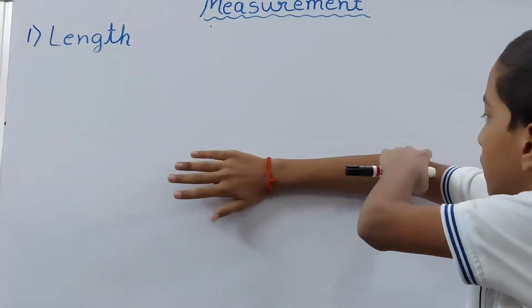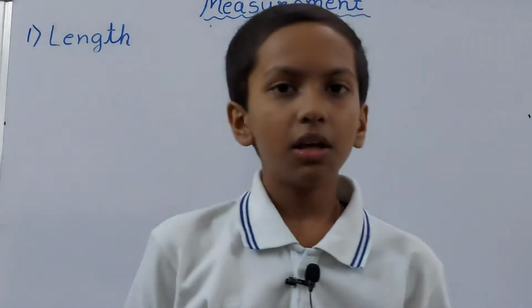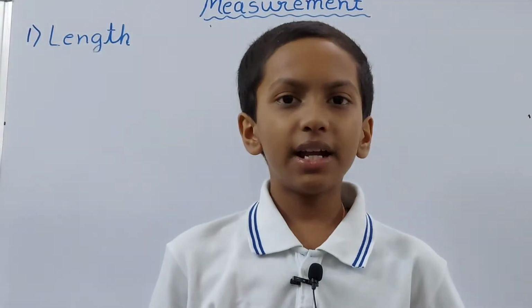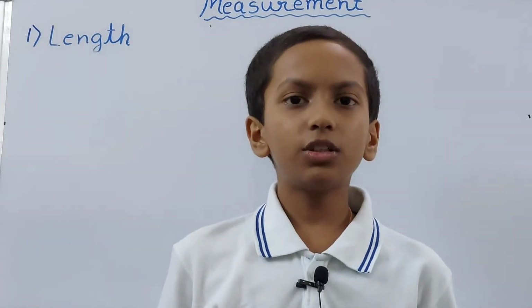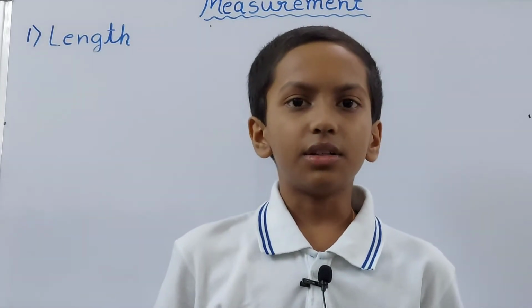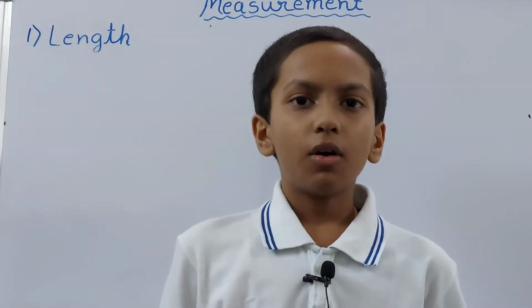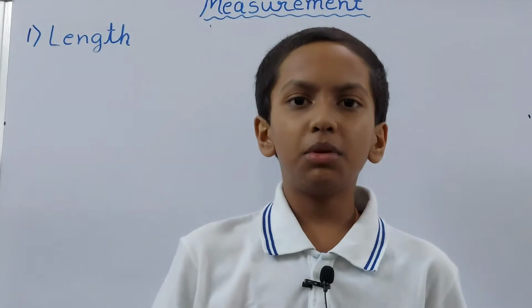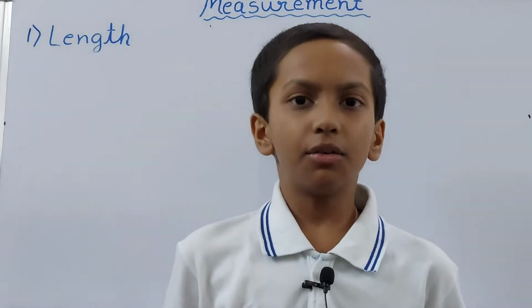It is from the elbow to the tip of the middle finger. But friends, these three units were not accurate and they were also known as non-standard units. Maybe anybody's hand span would be bigger or anybody's hand span would be shorter. That is why these were not accurate.